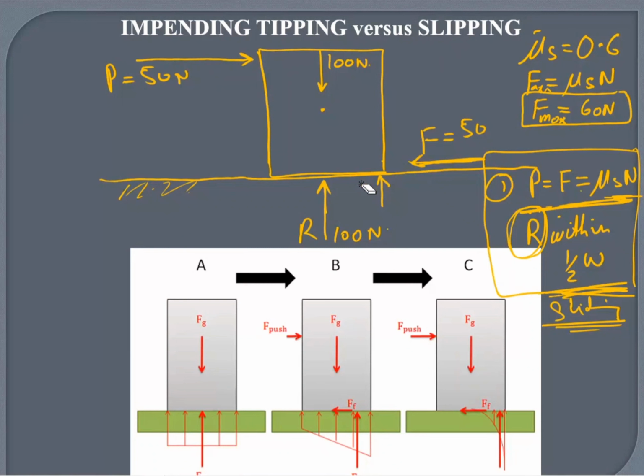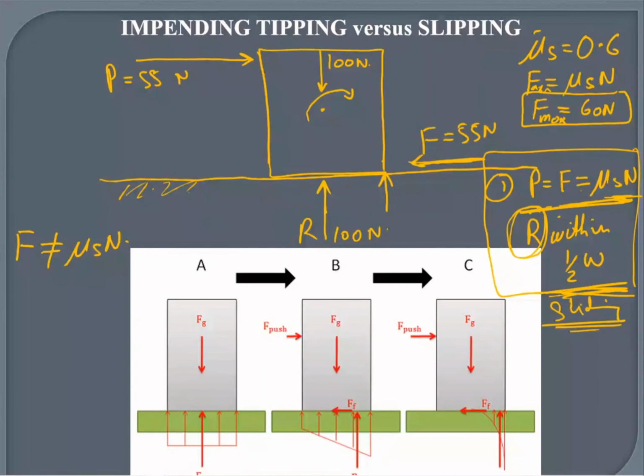I now increase it to 55 Newton. My F will be 55 Newton, and the R reaches the edge. This is the impending moment, which means it is about to tip over. Okay? So two observations. One is that my F never reached the mu Sn value.